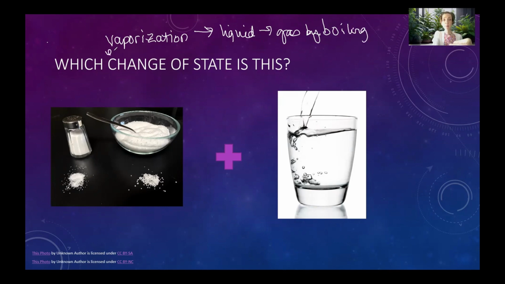Versus evaporation, which is a liquid to a gas without boiling. Okay. All right. And you can get that in your notes.